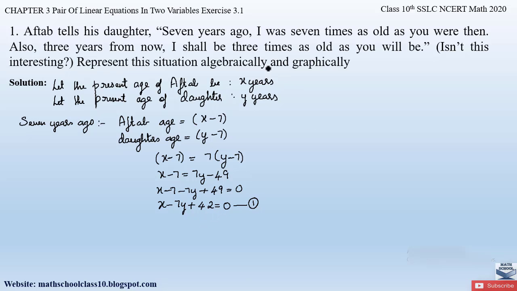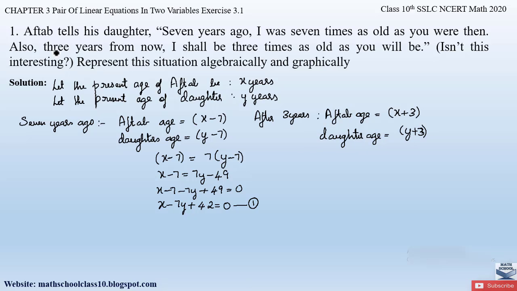Now similarly, the next statement in the question is 3 years from now. So 3 years from now means after 3 years, what will be the father and daughter's age? So let us first calculate that. After 3 years, Aftab's age will be present age plus 3 years. The father's age will be x plus 3 years and daughter's age will be y plus 3 years.